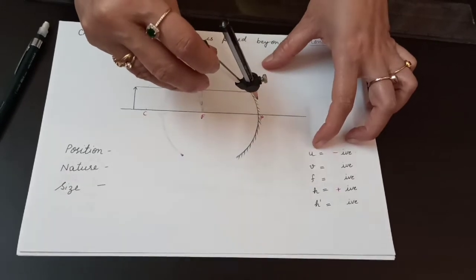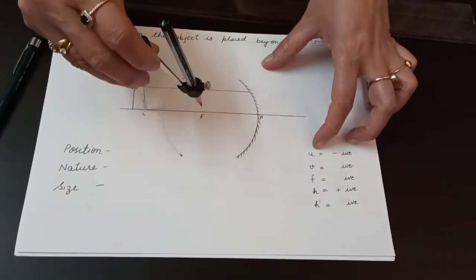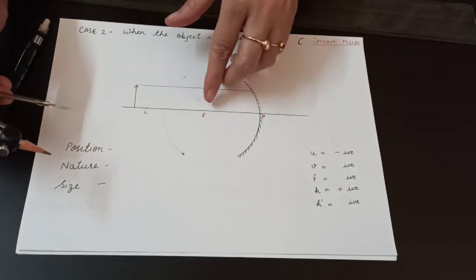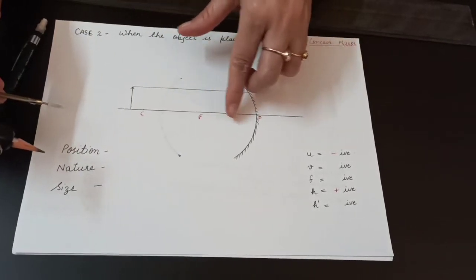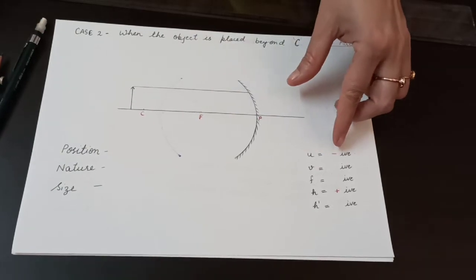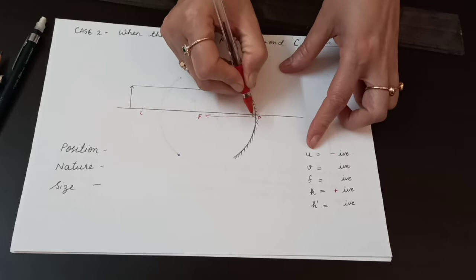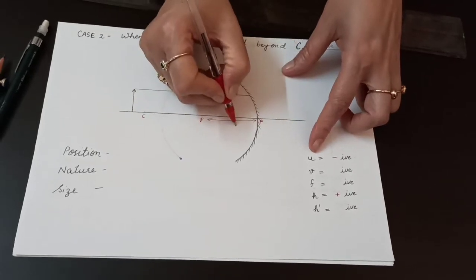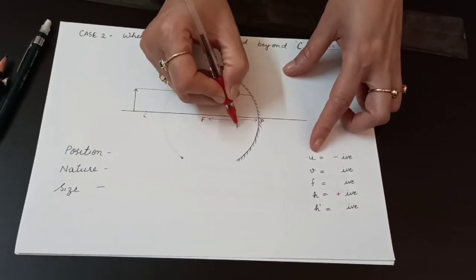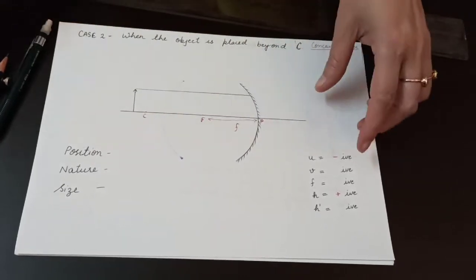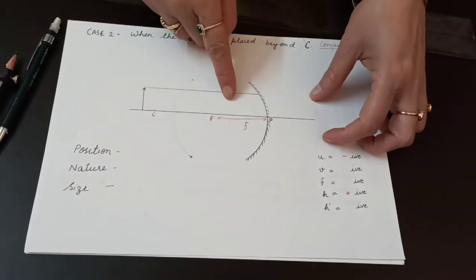And the same distance we have to measure again, and that would be C, because C is twice the focal length. That is, this is the focal length. So this has to be twice the focus. So this you have to take care of.